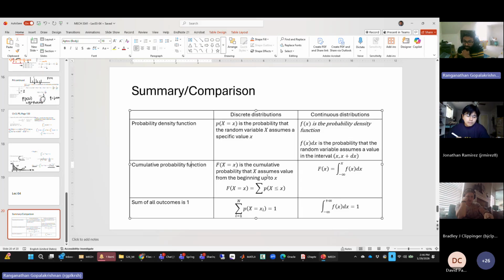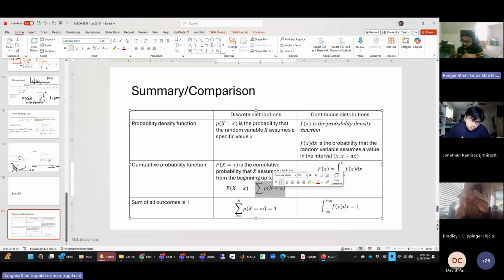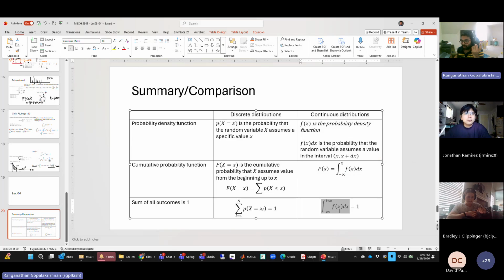So cumulative probability function in discrete notation, it is written as the sum of the probabilities from the beginning until that point. And in continuous, it is from -infinity to the value of x at which you are interested in. If this x is set to plus infinity, you are summing up over all possible outcomes, and that will give you 1, which is like saying sum of all the outcomes is 1. It's true for both continuous and discrete.